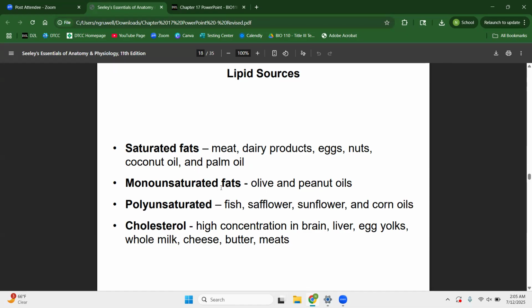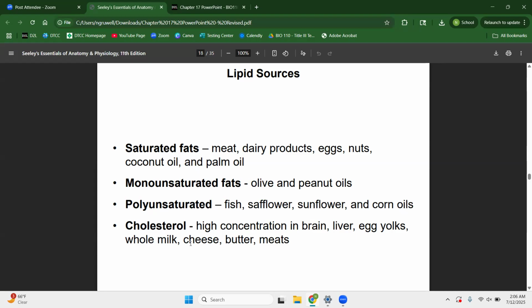Our monounsaturated fats, such as olive and peanut oils. And then we have polyunsaturated, which is fish, safflower, sunflower, and corn oils. In general, we tend to say that polyunsaturated is preferred to monounsaturated. The mono versus poly just means we have one double bond versus multiple double bonds.